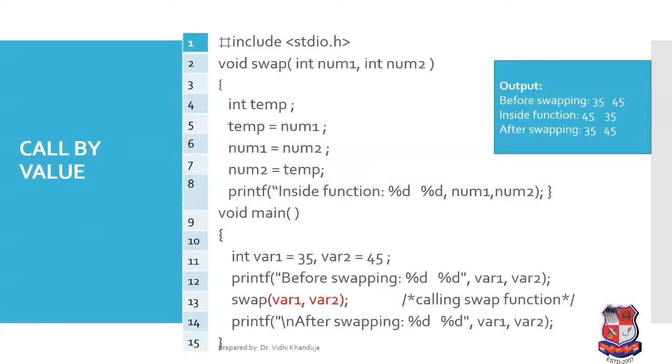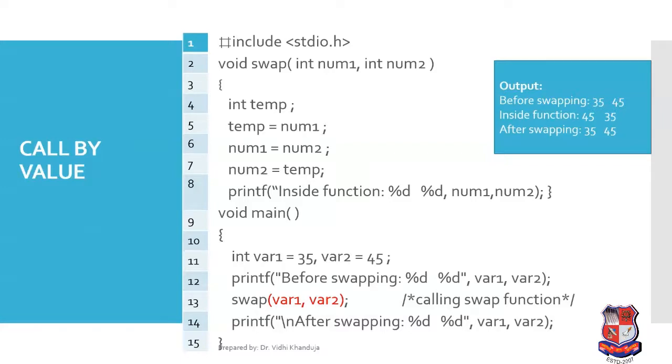An important point to understand is that var1, var2 and num1, num2 are different. They are not the same. You cannot say that var1 is the same as num1. The var1 and num1 have the same value, but they are different variables.